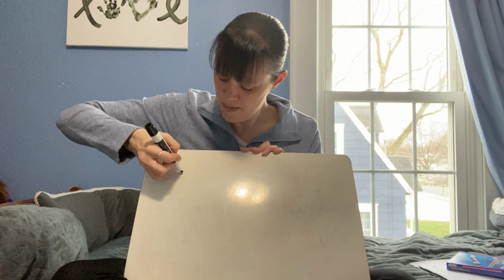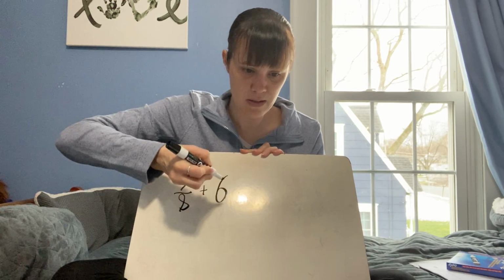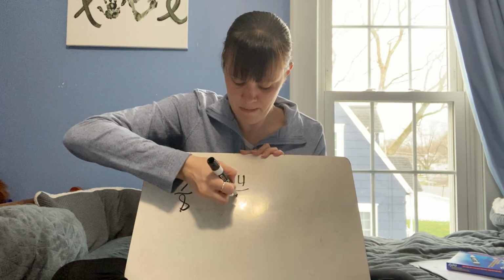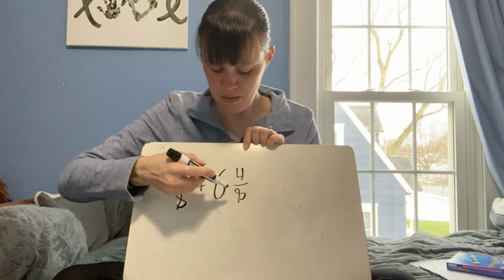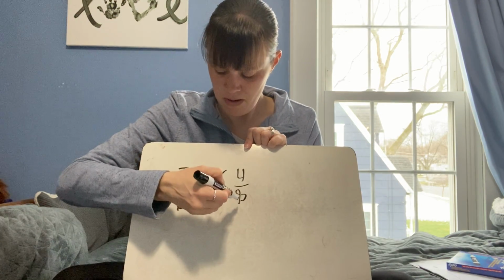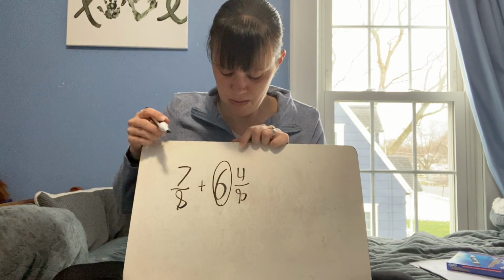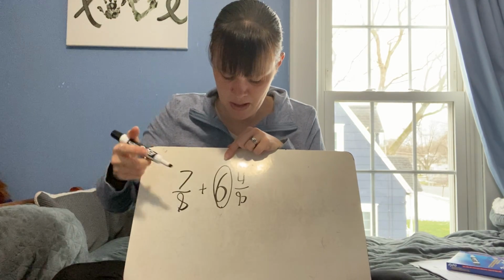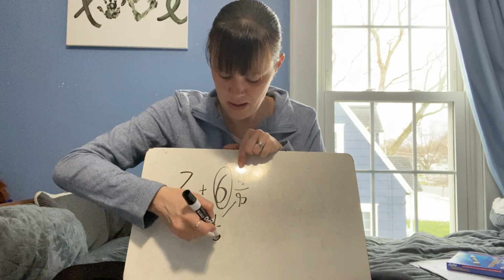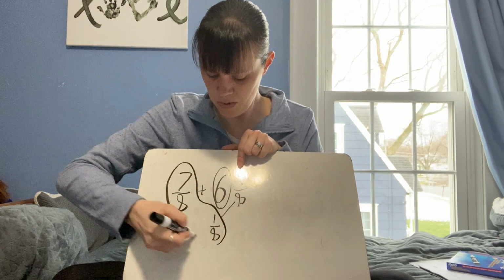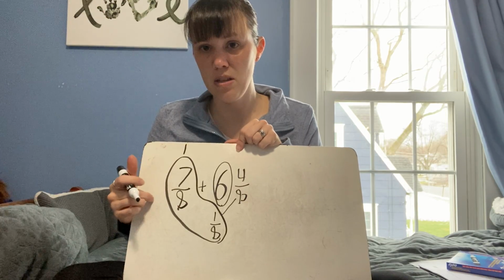D, we have 7/8 plus 6 4/8. Now, we could do it whichever way. We can separate this one, or we can separate this one. I'm going to stick with circling my whole number and saying, well, if I take from here 1/8, these two together will give me 1 whole. You could have separated this guy.